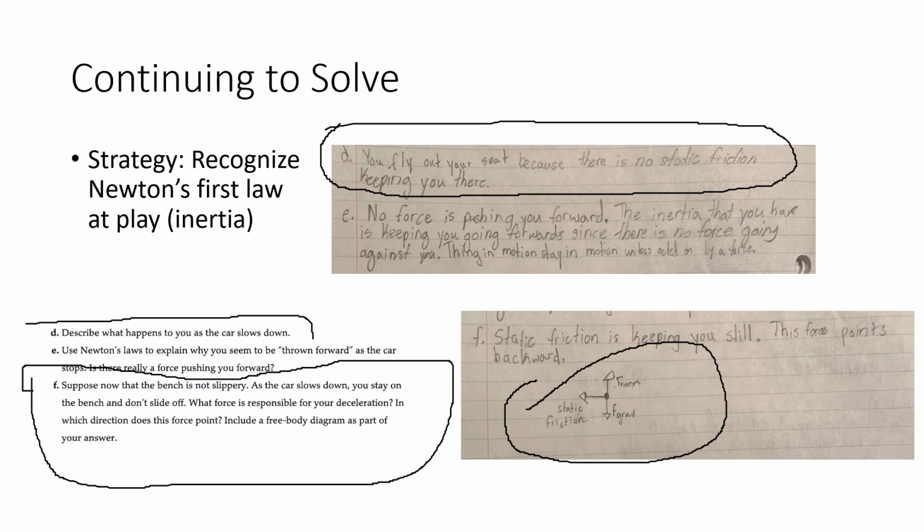This specific force is static friction, which is a really interesting example because it is one of the few examples in which static friction actually causes an acceleration to occur. Static friction is basically the net force in the x direction here, and it acts so that you will decelerate with the car.